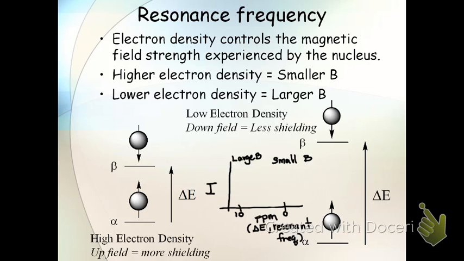So, small magnetic field means high electron density. We call this the upfield side. And this is known as downfield.